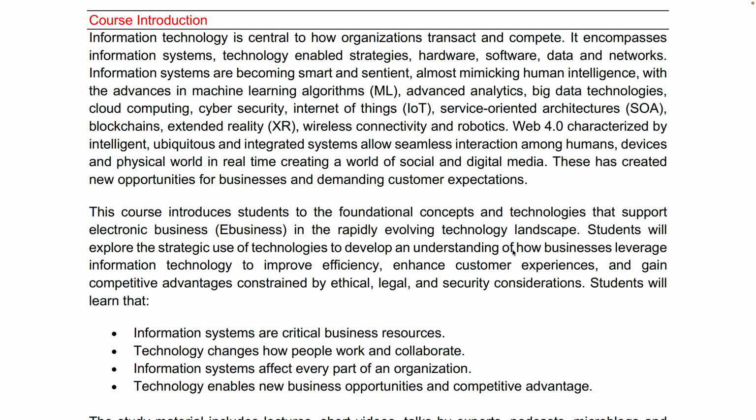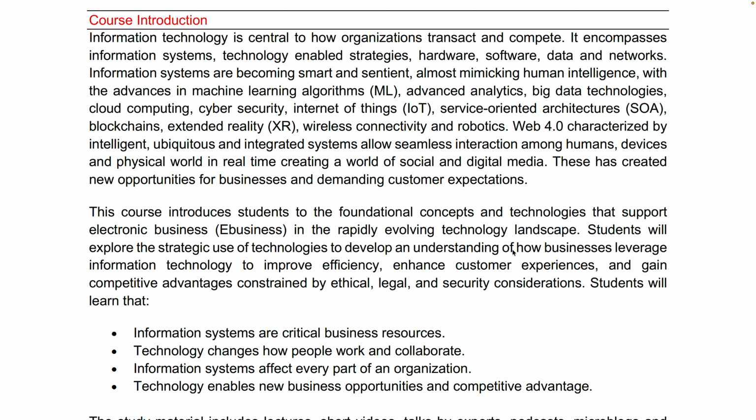Besides that, there is a foundational layer of hardware, software, data, and networks. So these 6 elements together form the first half of the course, where we delve and understand these elements better. And then we look at the use and application of these foundational building blocks in business context.